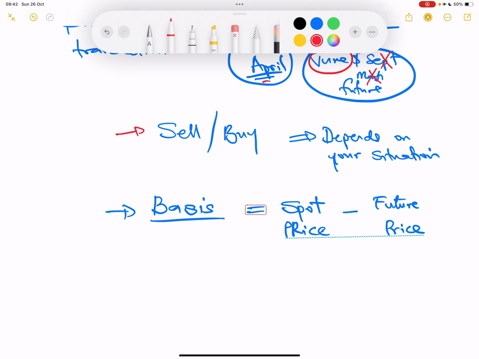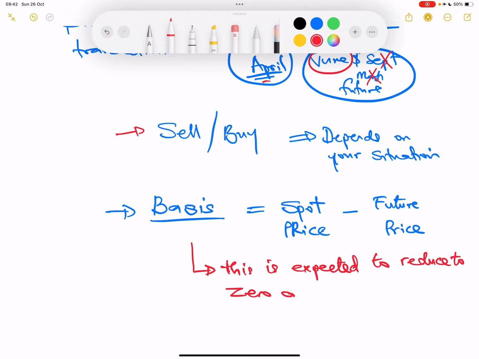And please note that this basis is expected to reduce to zero on the expiry date of the futures.